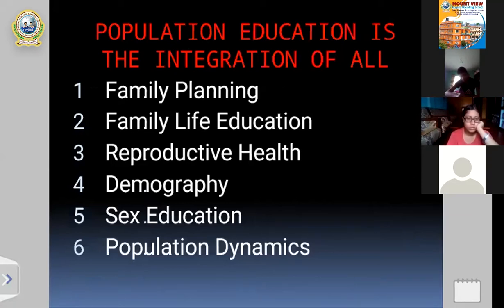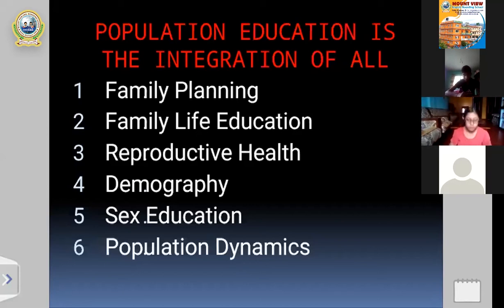It means population education includes different subject matters and helps to gain different knowledge, a combination including different useful subject matter which is very essential in our daily life.